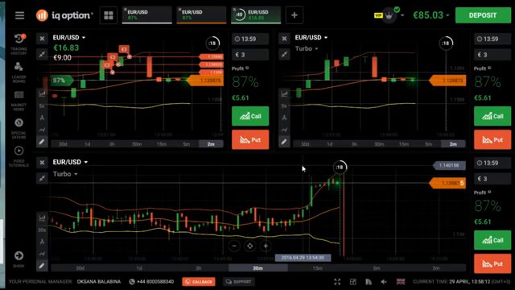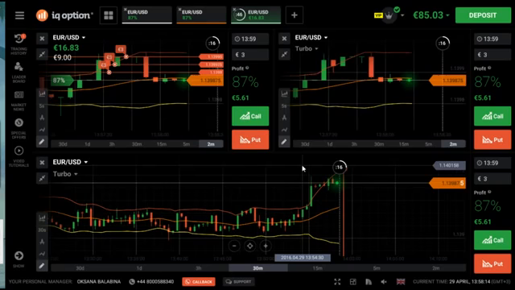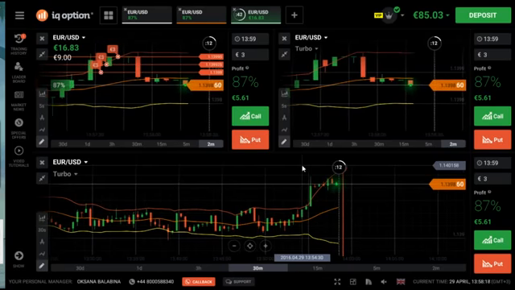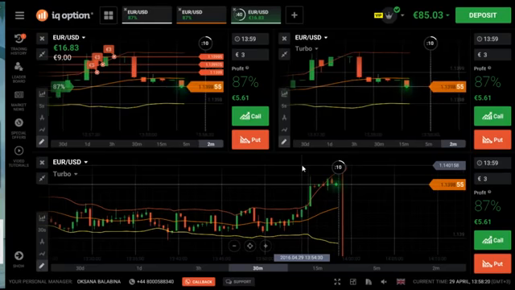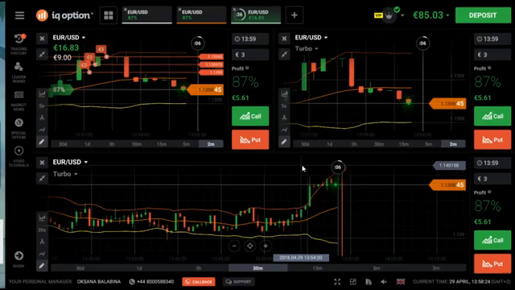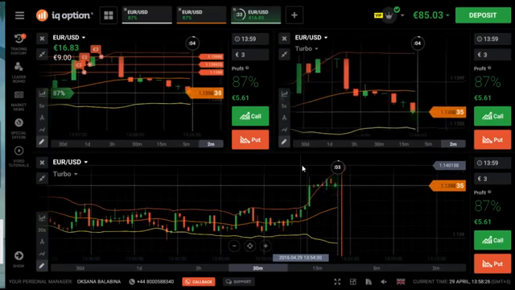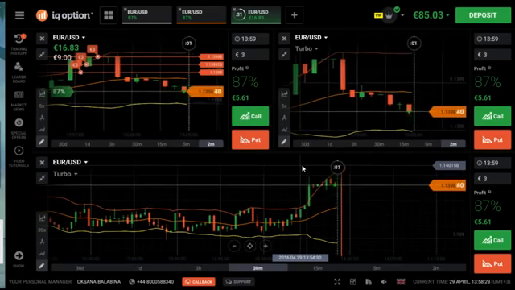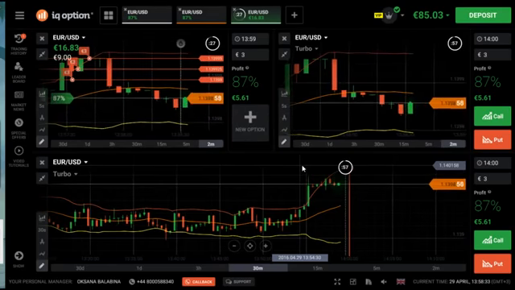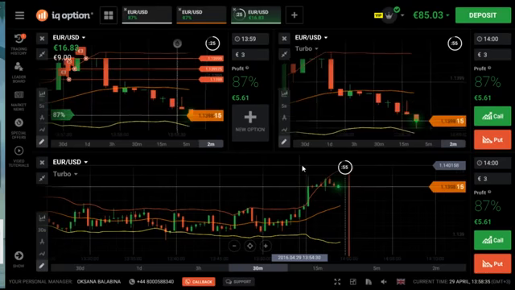So I'm winning on my primary window, and still the balance is okay. It's within a good range. So I'm winning on the primary window.